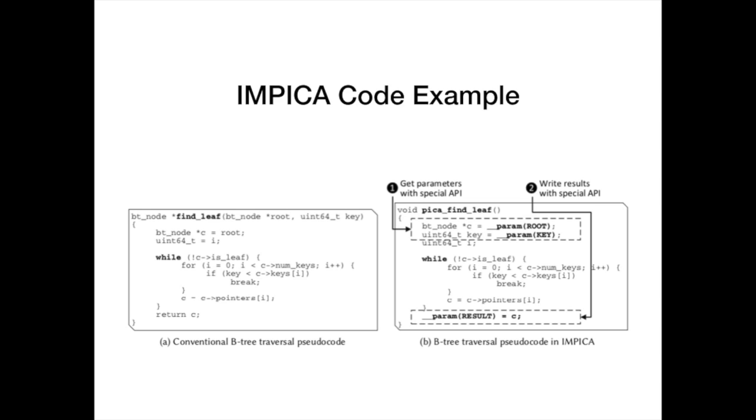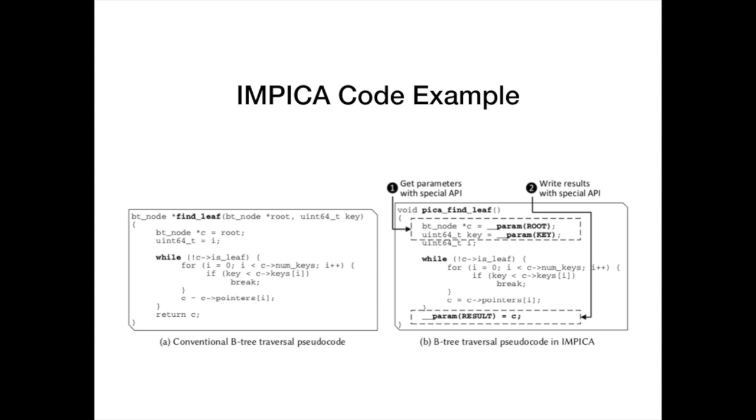The following pseudocode of a B-tree search method demonstrates what it would look like to a programmer. On the left is the conventional way of searching the tree to find the node. And on the right, there are just a couple of small changes when using in-memory.